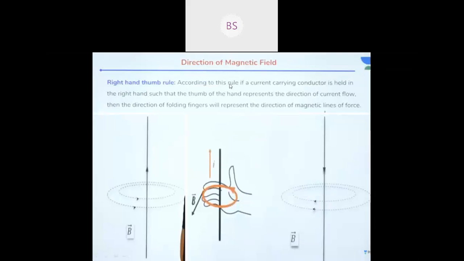According to this rule, if a current carrying conductor is held in the right hand such that the thumb of the hand represents the direction of current flow, then the direction of the folding fingers will represent the direction of magnetic lines of force. You should read this statement clearly and carefully so that you can understand.